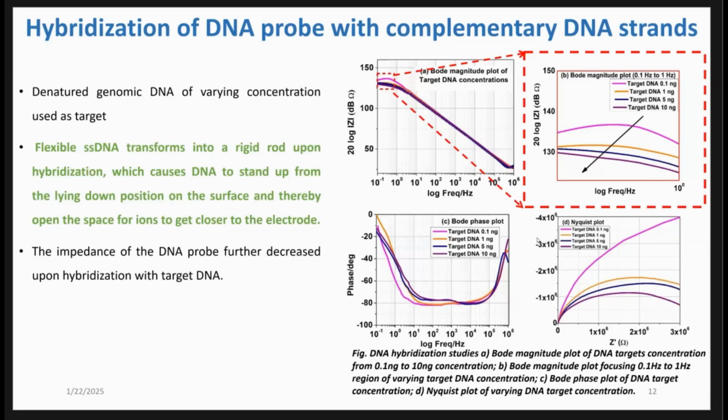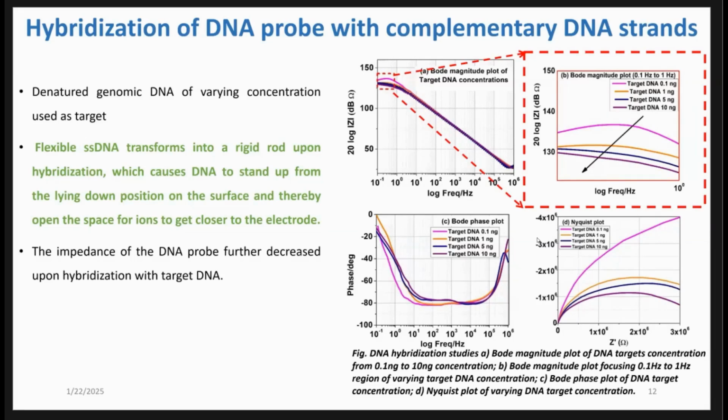This hybridization opens up pores for the ions of the PBS to interact with the electrode. So you will see a drop in impedance if hybridization takes place. This chemistry is studied and quantified using impedance spectroscopy.